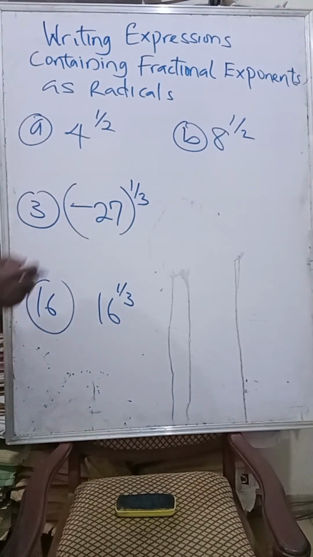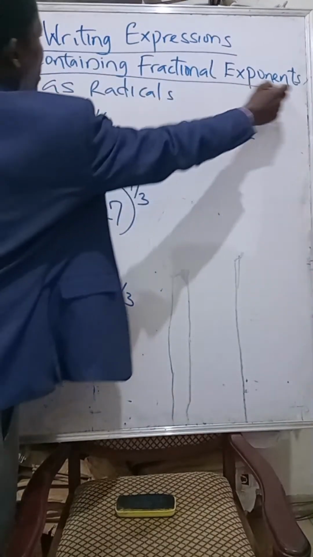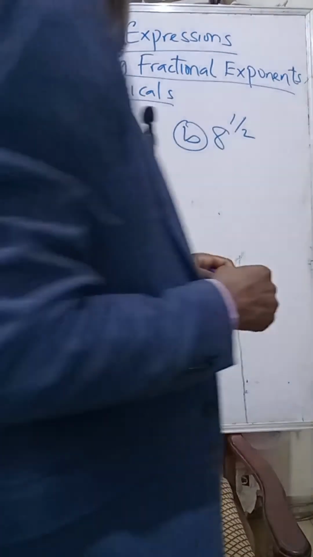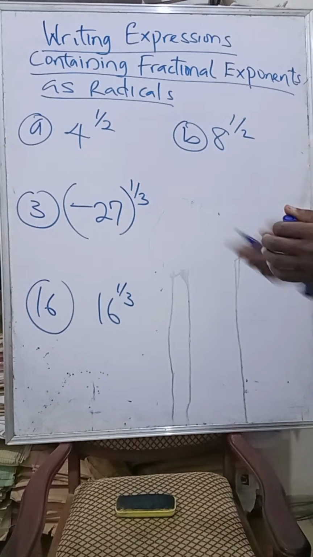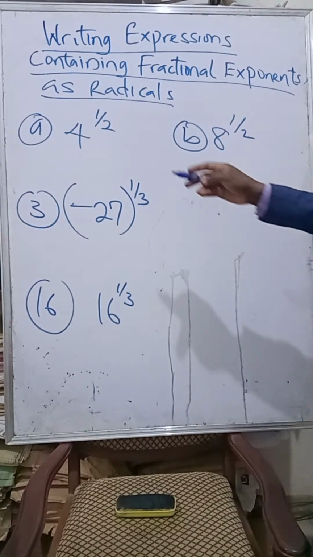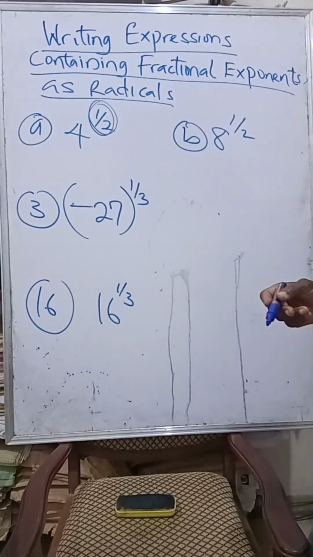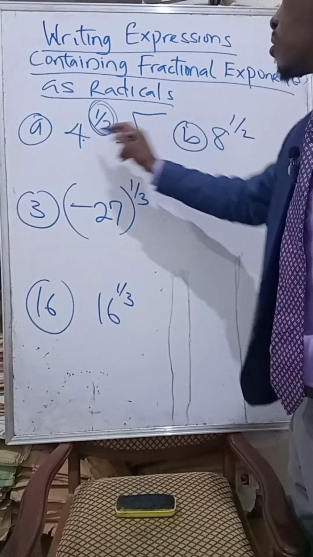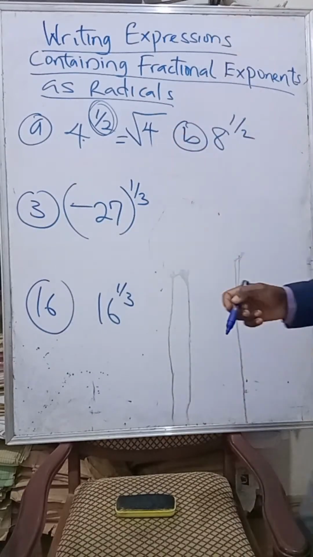So we're looking at writing expressions containing fractional exponents as radicals. The first one, the fractional exponent we have here is 1/2. 1/2 means square root of 4. 1/2 implies square root of 4.